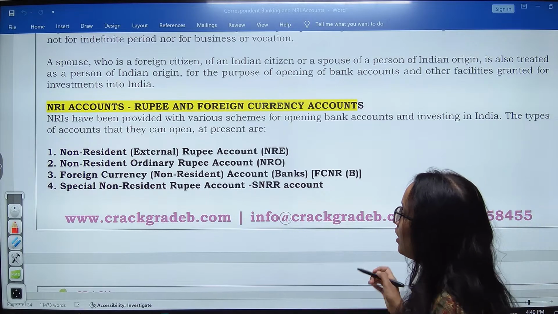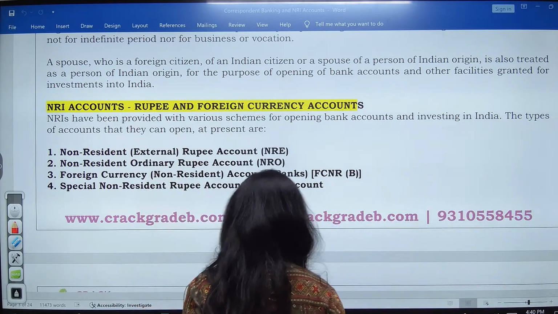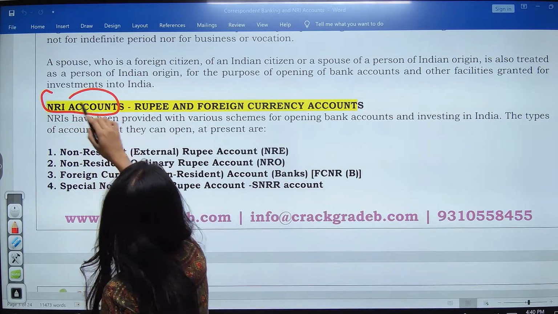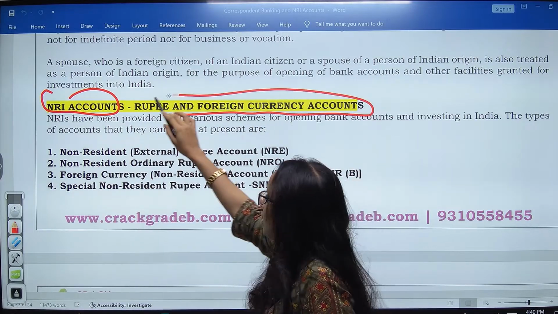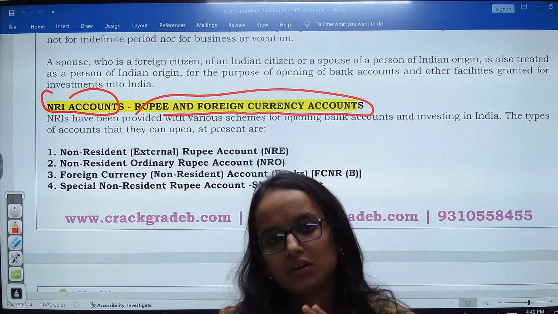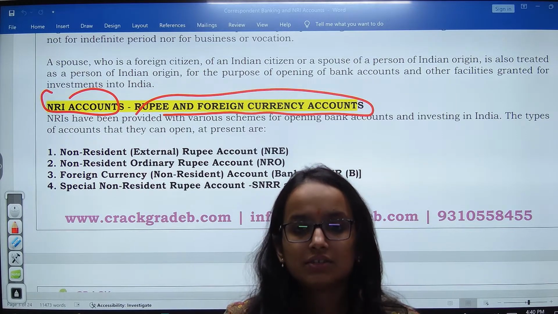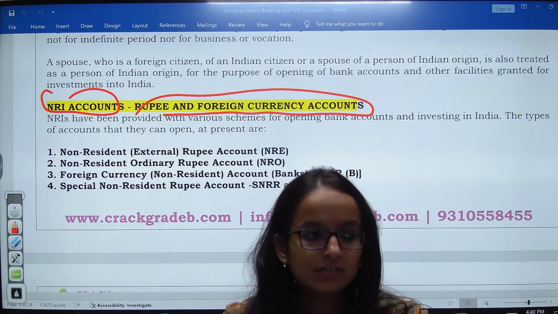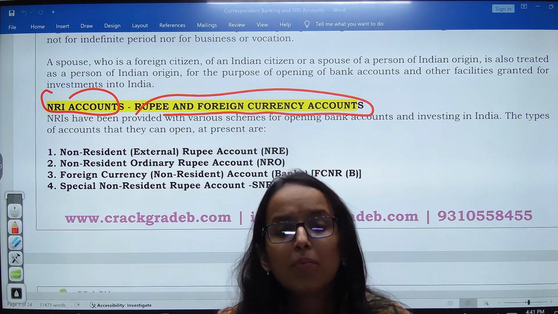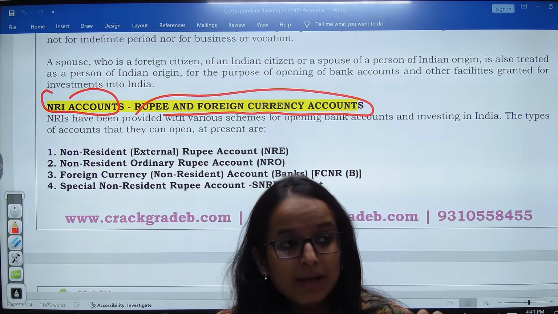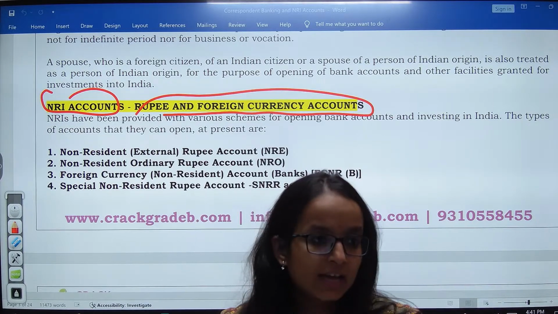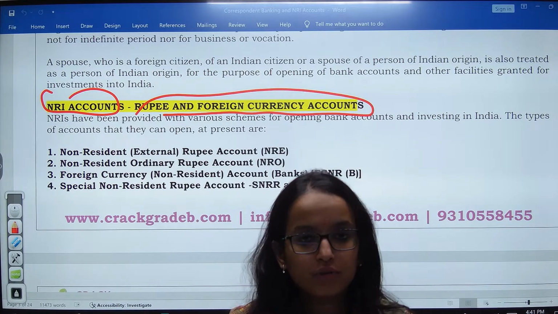Now, the next topic which we will be dealing with is your NRI accounts, rupee and foreign currency accounts. You all know that we now have people moving across Indian boundaries. We have our citizens residing in India, we have other citizens residing in India, we have PIOs, we have OCIs. So, it becomes complicated to extend the banking norms to them, to have similar banking rules and bank accounts as we have for a resident or citizen of India.